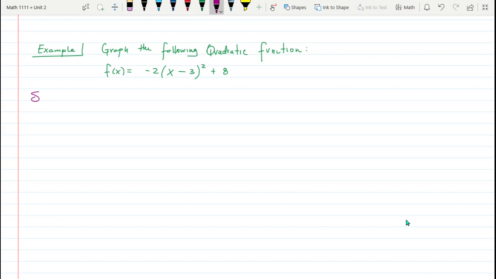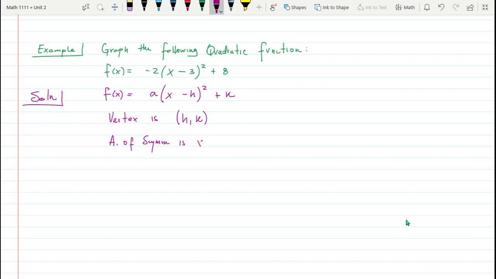Okay, so the solution to this, first we want to compare it to the standard form. So I have a number, a times (x minus h) squared, plus k. And from this general equation, we know that the vertex is the point h comma k, and then the axis of symmetry is x equals h.